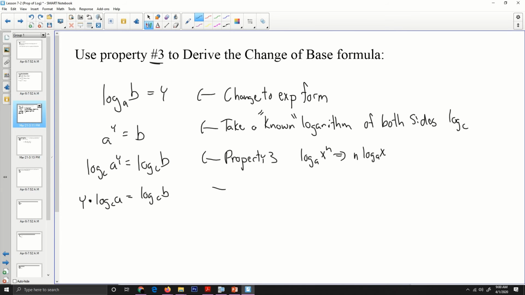And then I can divide by log base c of a. Now, since log base c of a is a known logarithm, this would be something that I could type into my calculator, and so it's just a numerical value. So y equals log base c of b over log base c of a.